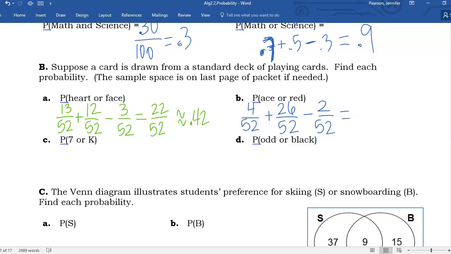And that's going to give me 28 in the numerator, denominator no change. And if we wanted to get that as a percent, that's approximately 54%.